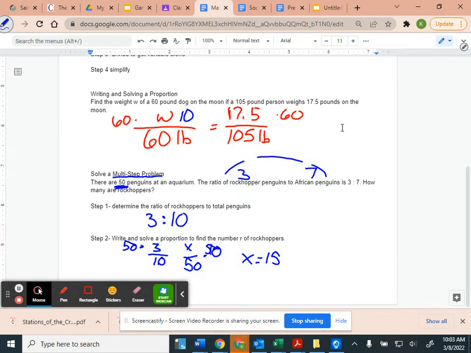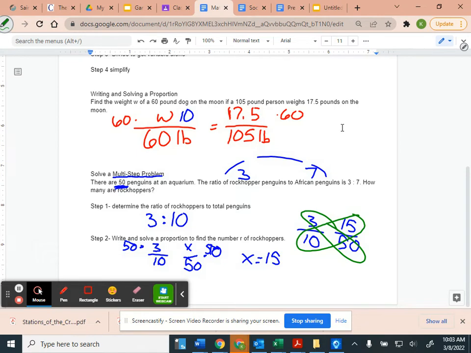We can check our answer by using that cross product. So if I have 3 out of 10, 15 out of 50, we can check our cross products and see if we get the same answer.